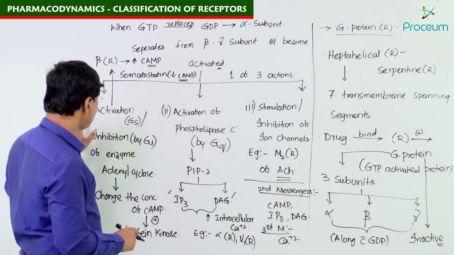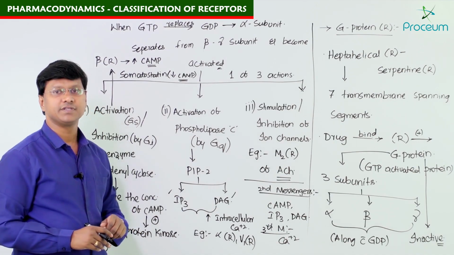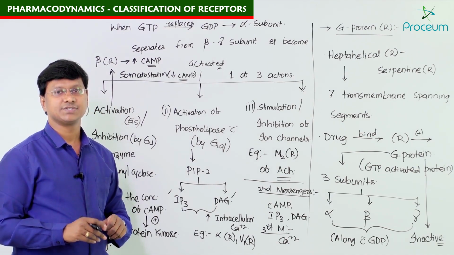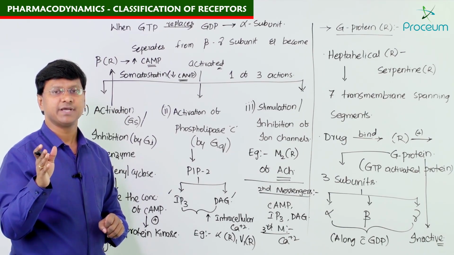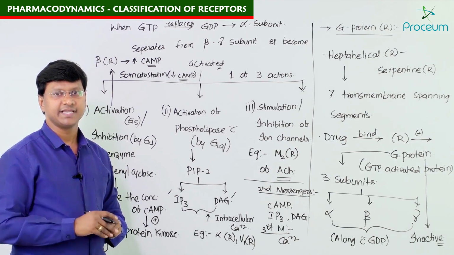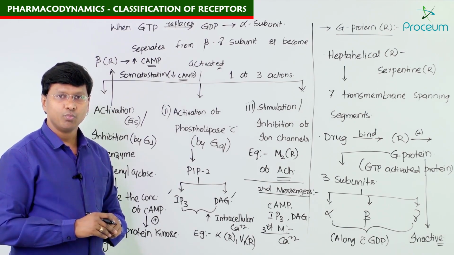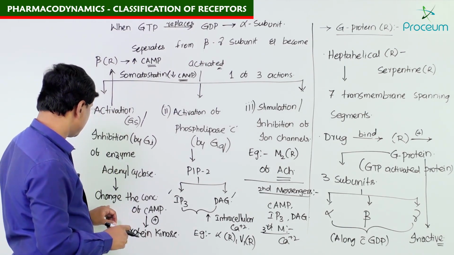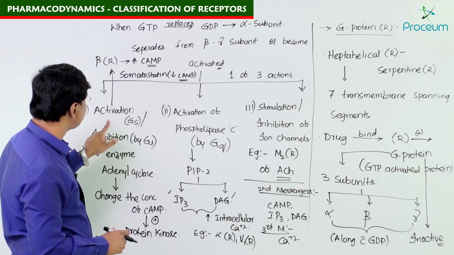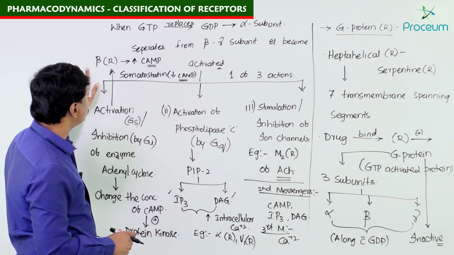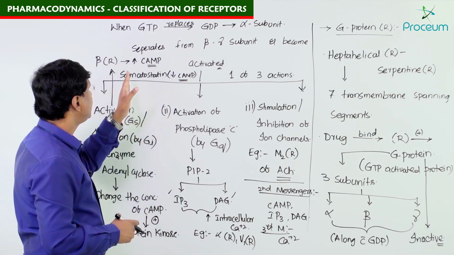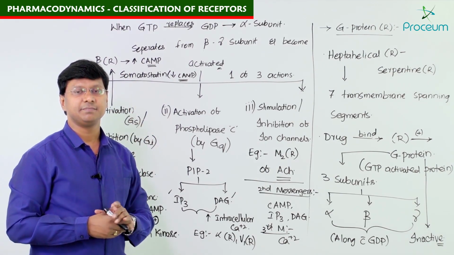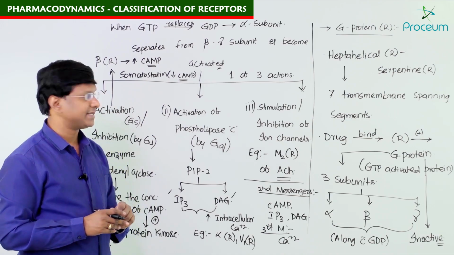The activation or inhibition of adenyl cyclase changes the concentration of cyclic AMP, which acts by activating the protein kinase. Examples of these receptors include beta receptors and somatostatin receptors. The beta receptors increase the cyclic AMP, while somatostatin decreases the cyclic AMP.